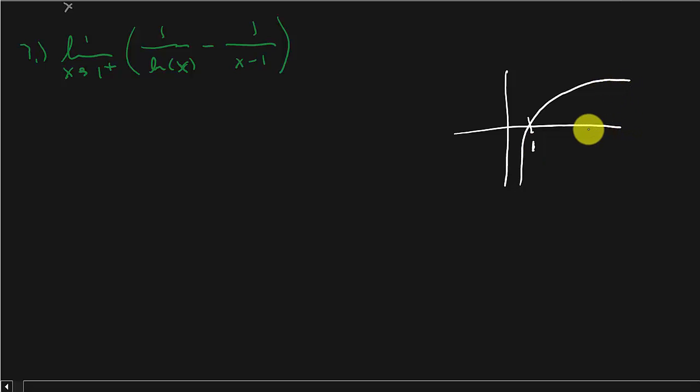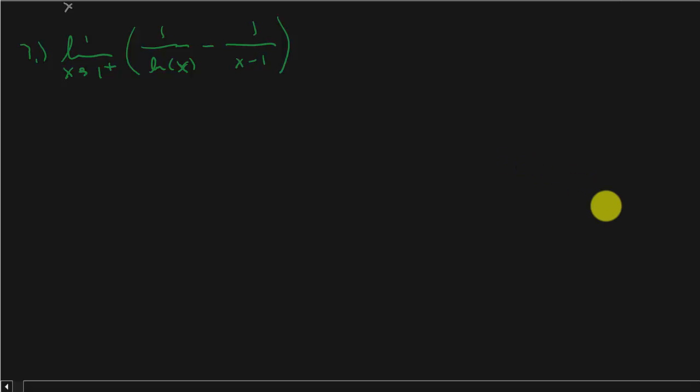So as I'm getting closer and closer to 1 from the right hand side, you can see the y values are getting closer and closer to 0. So I've got 1 over something that's really small, that's infinity. And same thing here, as x goes to 1 from the right, you're looking at numbers like 1.0001 minus 1. That's a small number, so that goes to infinity also. So what in the world do we do here?